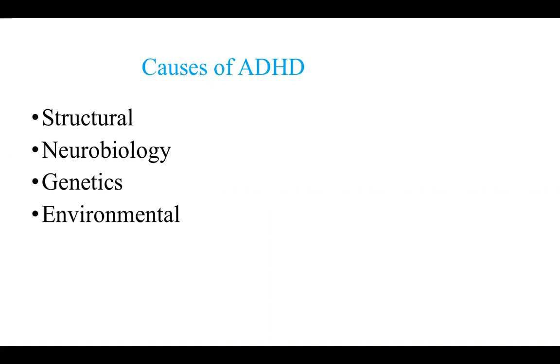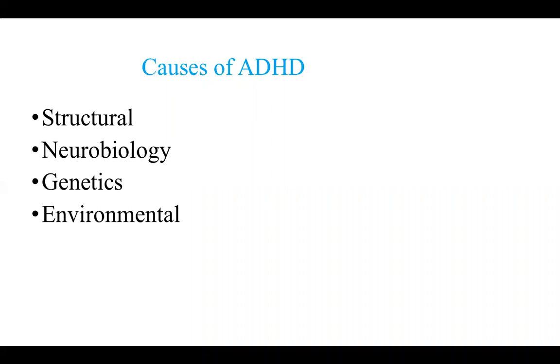When studies were done of structural MRIs on these children, they found that in children with ADHD, the brain size was smaller. The left brain was much smaller or equal in size to the right side of the brain.